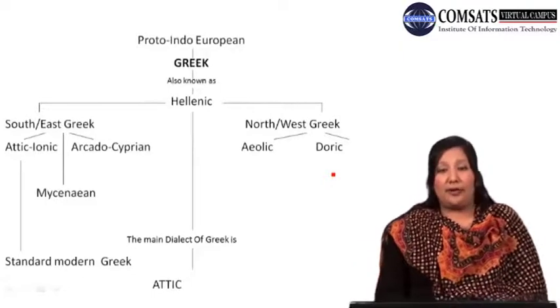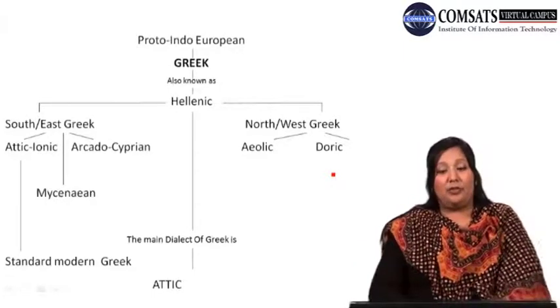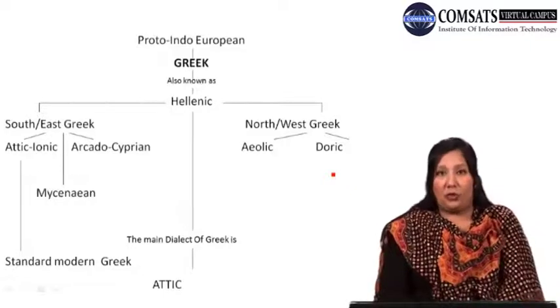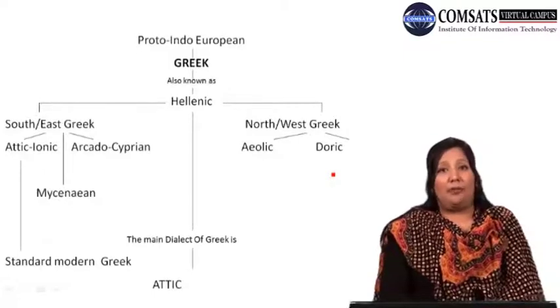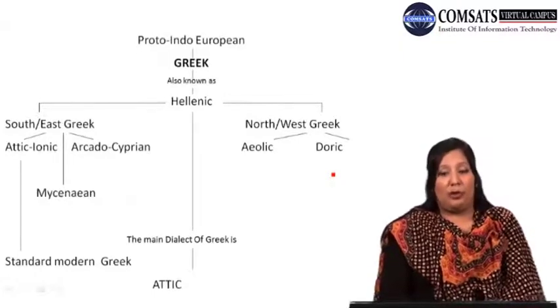North and West Greek is further subdivided into Aeolic and Doric. These are two languages that have perhaps ended, or existed a long way back, and perhaps that's why we don't know about them.